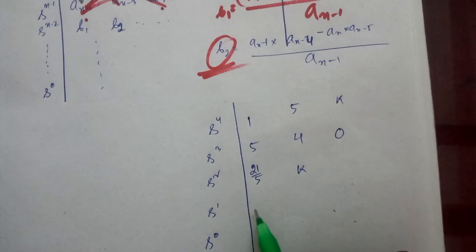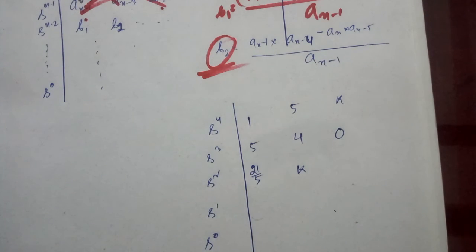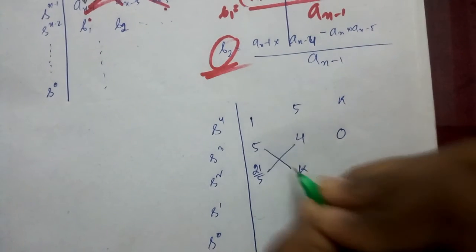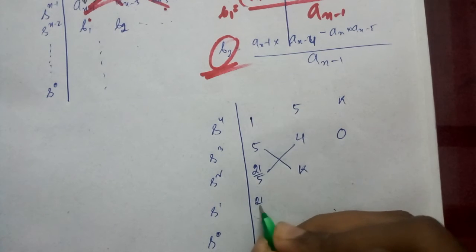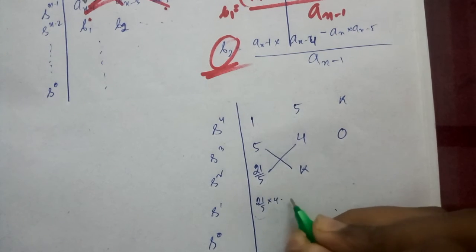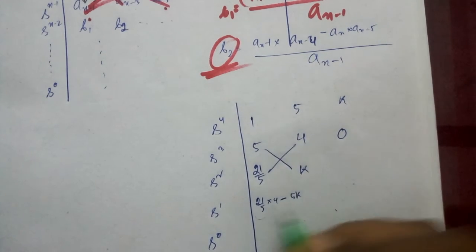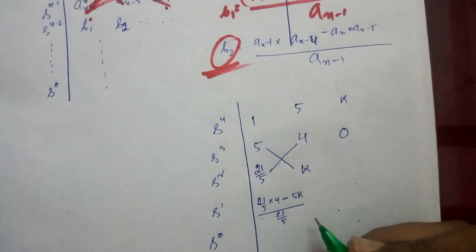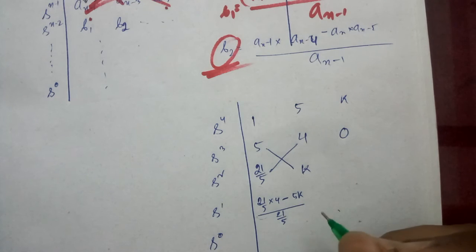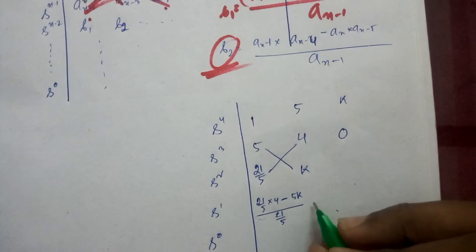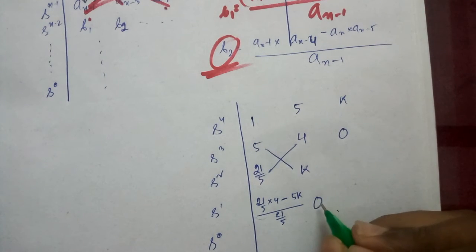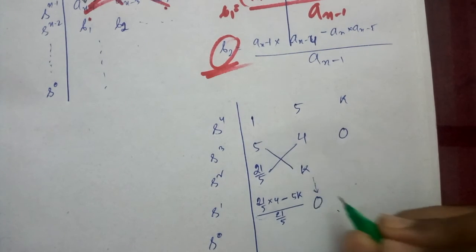So after that, if I want to find this term, here it will be 21 by 5 into 4 minus 5k by 21 by 5, and the next term, normally it is 0, right? Below 5 this term will be 0.